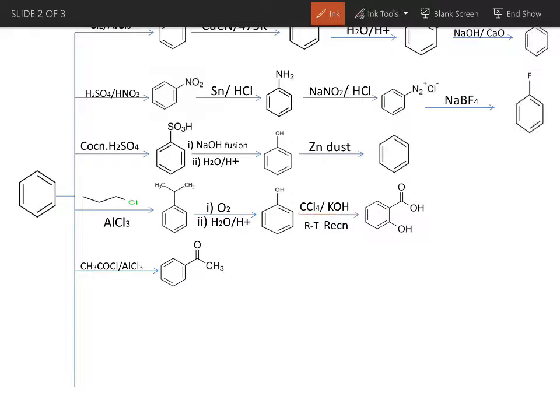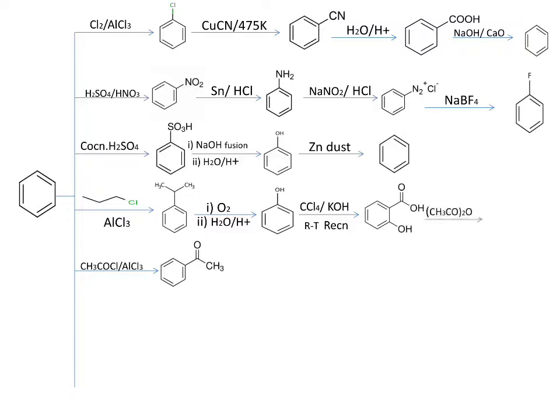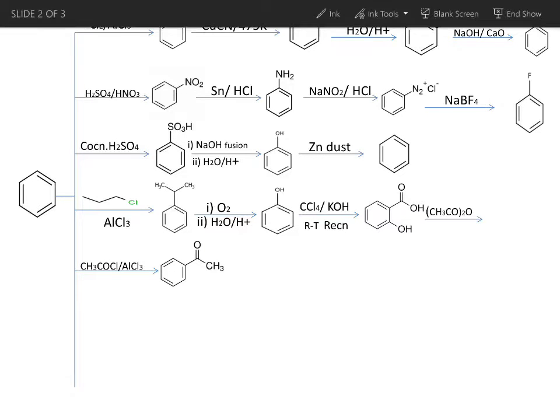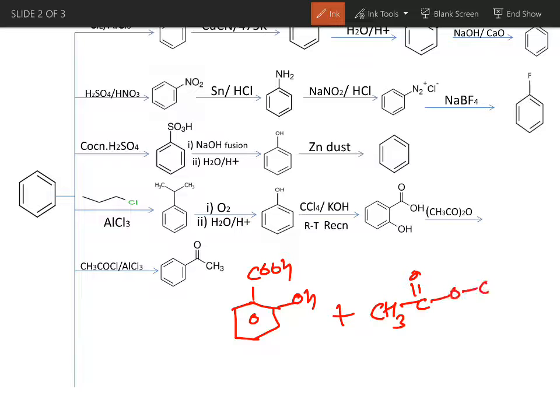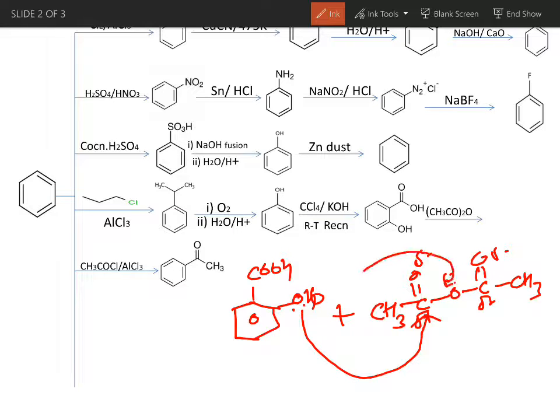Now this salicylic acid is further made to react with acetic anhydride. Here, salicylic acid has COOH and OH. If I expand acetic anhydride, here polarity will be present, minus, plus, minus, plus, minus. A lone pair of electrons attacks this electron deficient carbon, and this hydrogen will be abstracted by this oxygen.